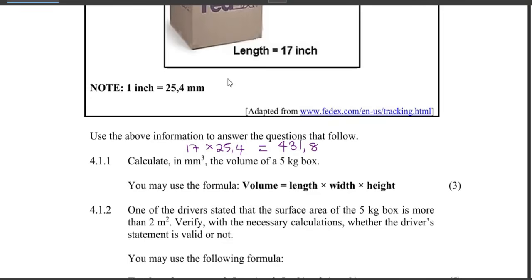You see that? These are millimeters now. That's the first thing you're going to do. Now, the volume: it will be the same length, same width, same height, which is the same as L to the power 3.